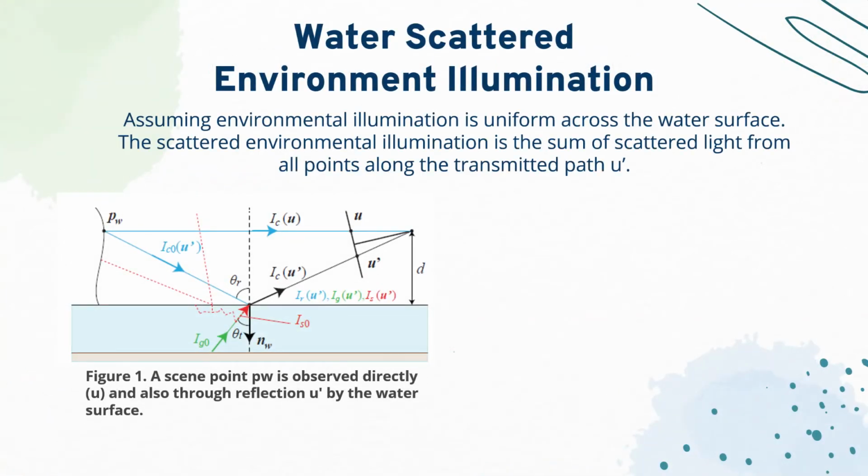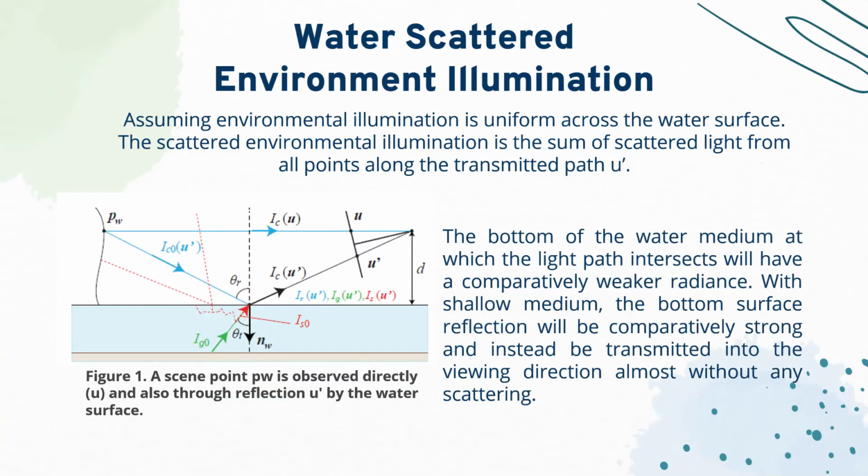Assuming that the environmental illumination is uniform across the water surface, a part of this environmental light is transmitted into water, scattered in the medium, and then transmitted back into the viewpoint. Looking back at Figure 1, the scattered illumination is the sum of scattered light from all points along the transmitted path observed at U derivative.